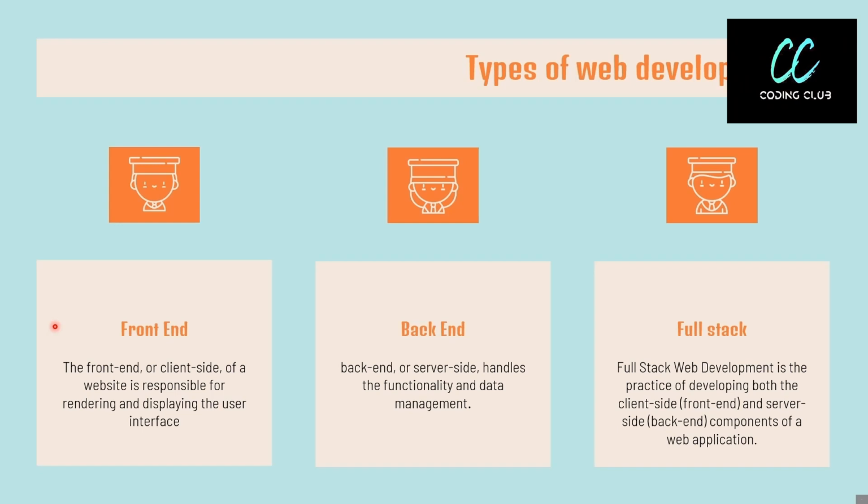You have to make the front page, what will be rendered on the screen. And the back end is more like technical work. You have to work on the functionality of the website, like if I click on a button, how the button would respond. It is the work with the servers and databases, all those things.